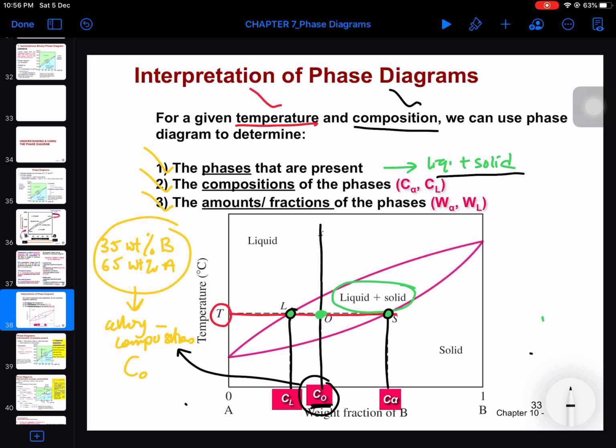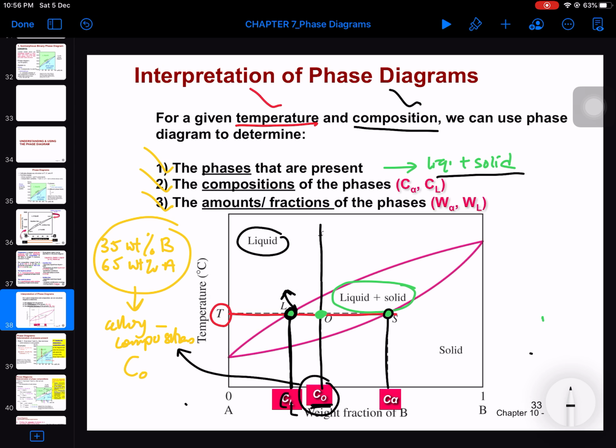Let's have a look at the first point on your left hand side. Above this point is the liquid region. Therefore the composition here is the composition for liquid, Cl.